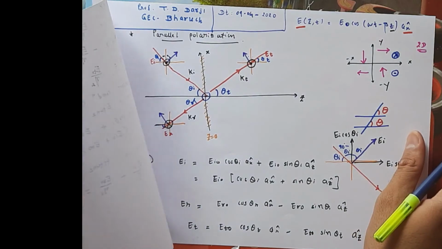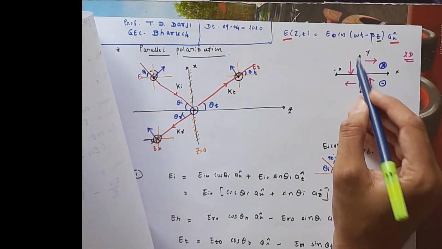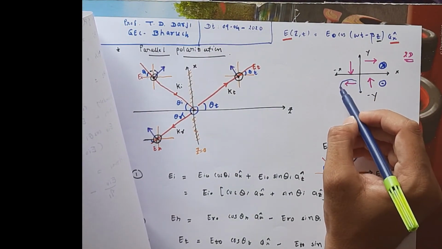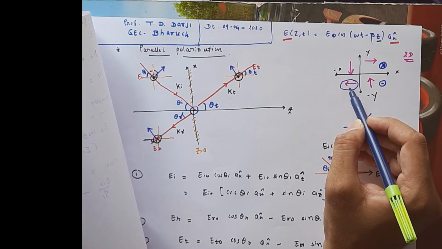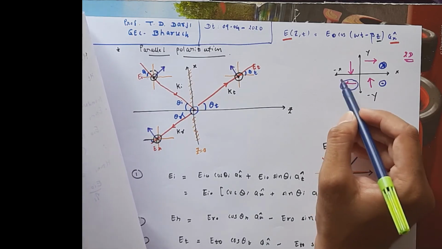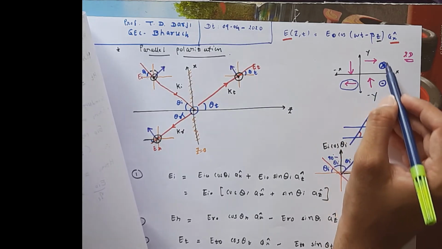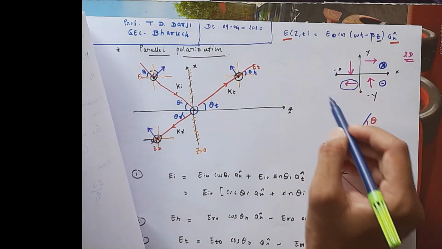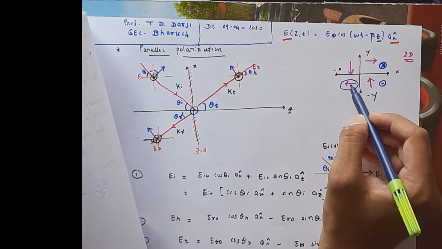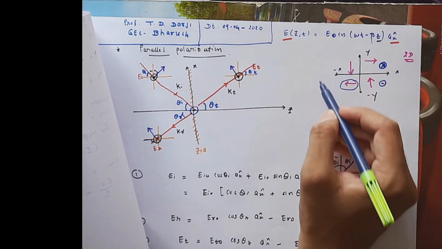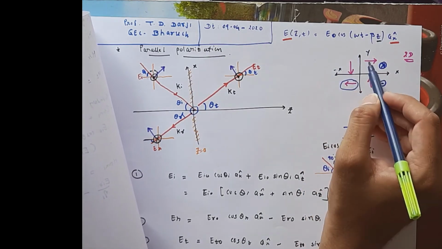See here, I have given an example. This one is the x direction and y direction. What about this vector? This vector is in the minus x direction, but it is present in the xy plane. This vector is parallel to the xy plane. What about this vector?